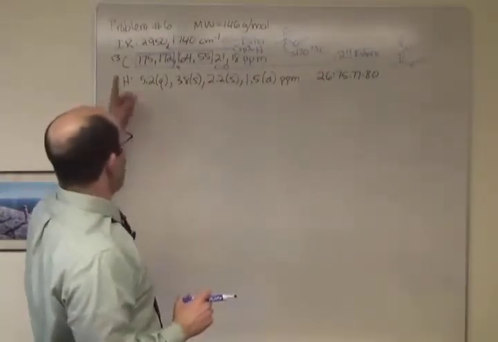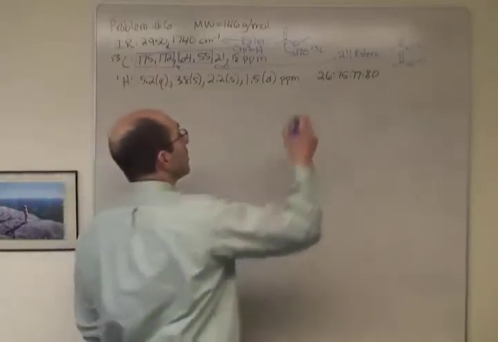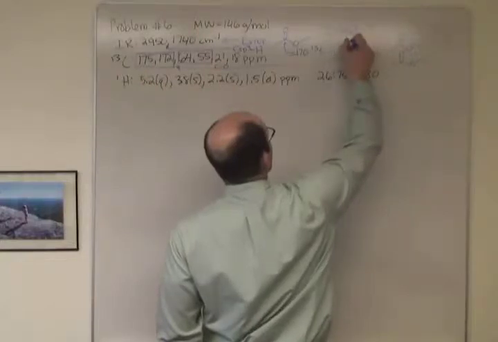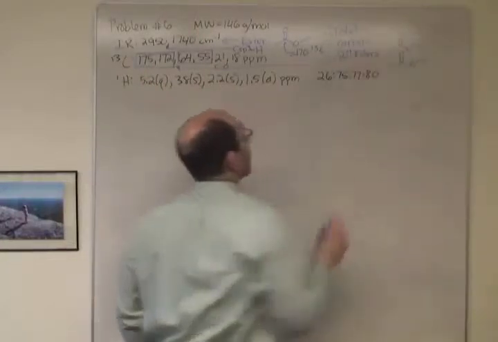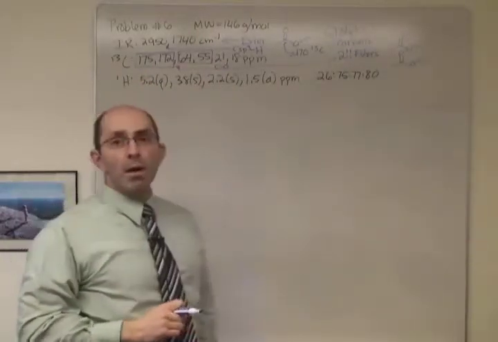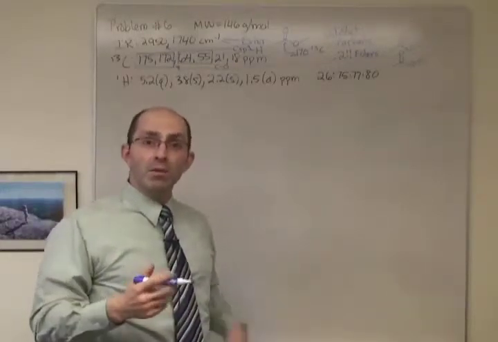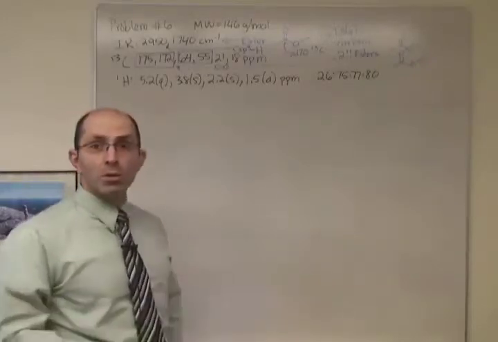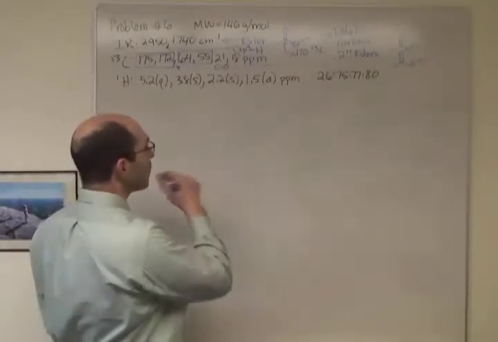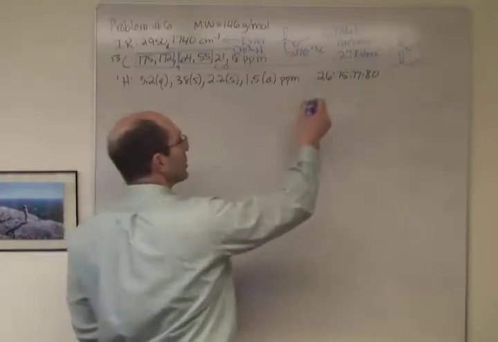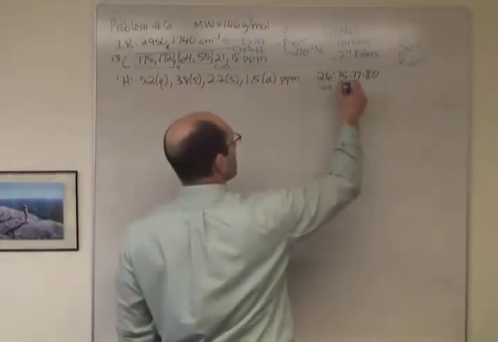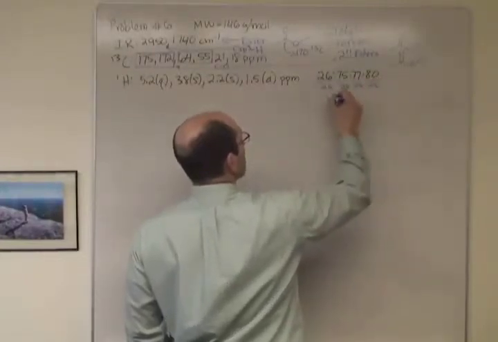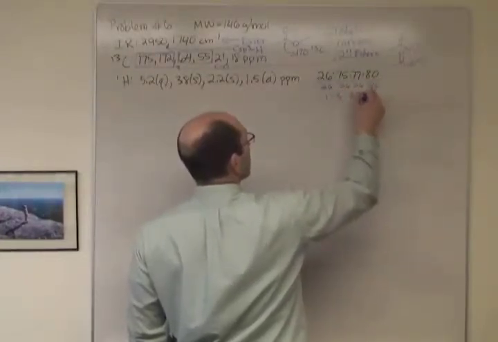If we add up the peaks, we have 6 total carbons. So we might be thinking C6, 2 esters, O4. That's starting to get towards a molecular formula. If we look at the proton NMR, we have the integration ratio over here. If we divide by 26, we figure out that this is 1 to 3 to 3 to 3.